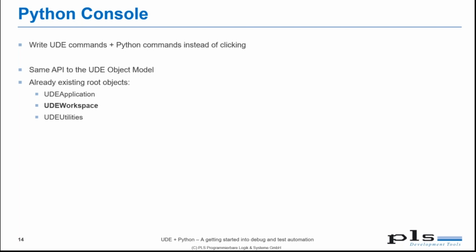The API for the UDE commands is the same as we already know, that we have already used in the external scripts. But the difference is that some of the root objects already exist, especially the workspace and also the application object.